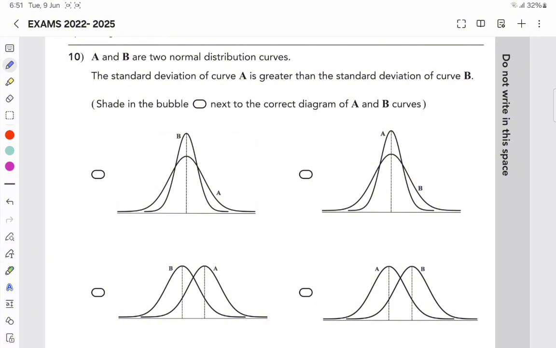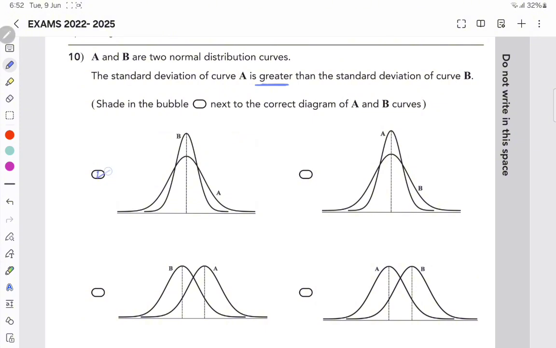So how is that, Mr.? Here he said A and B are two normal distribution curves. The standard deviation of A is greater than that of B. So that means curve A will be shorter in height, and more wide. So which one is shorter here and more wide?